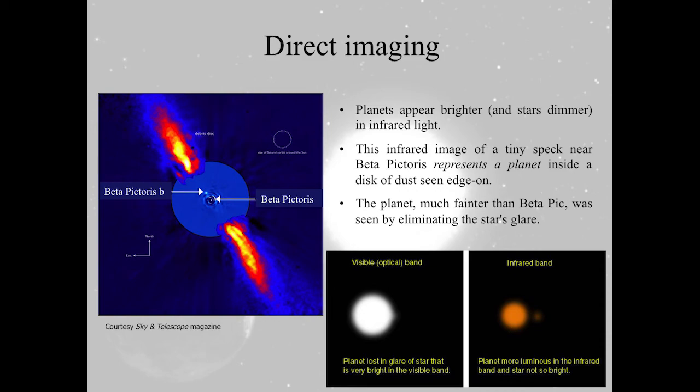In other words, in visible light, they don't give off their own light. They merely reflect light from the star, which is exceedingly faint. But if you look closely in infrared light, a planet does give off infrared light. Why? Because it's a longer wavelength type of light that a warm body gives off. A planet's not hot like a star, but it is somewhat warm.